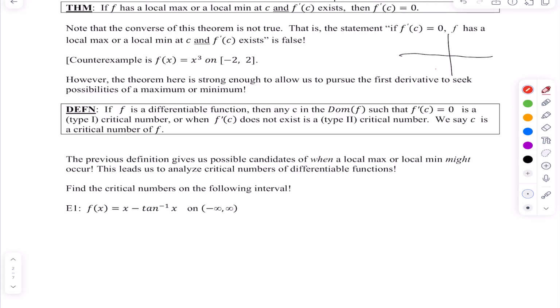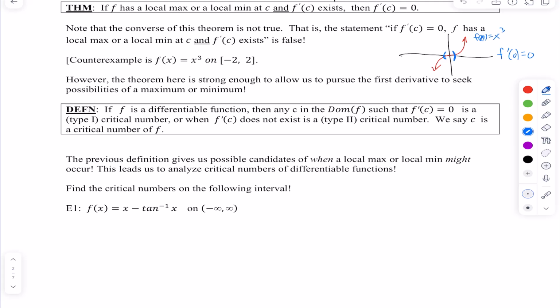Look at x cubed, and you want to look at this locally around x equals 0. So the derivative here does exist. However, there is no local max or local min there at x equals 0, or at c equals 0.